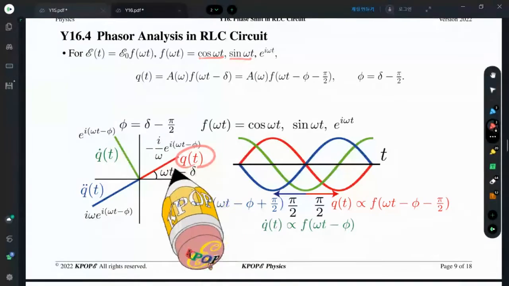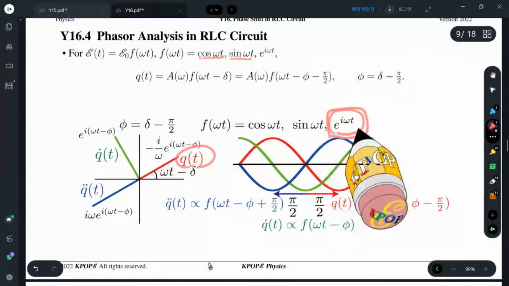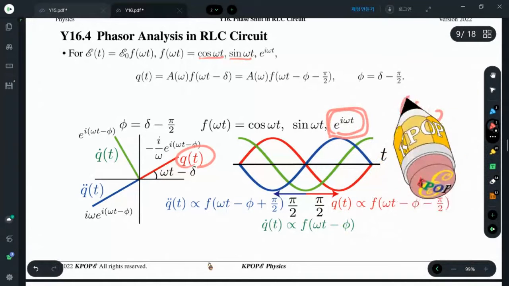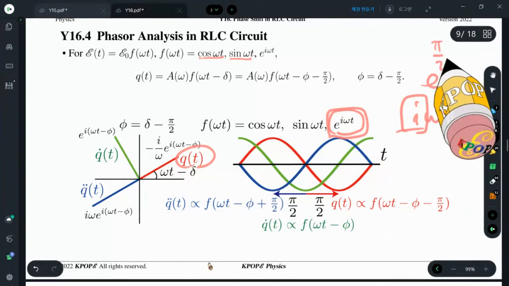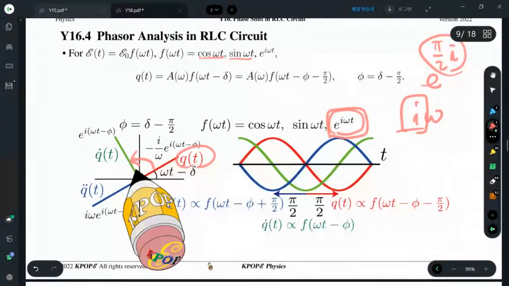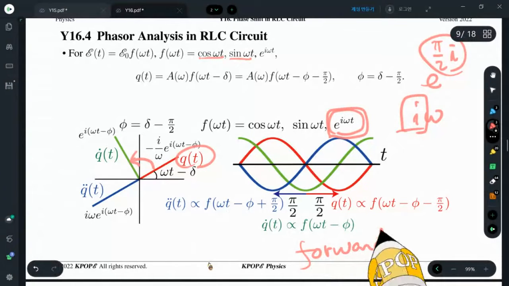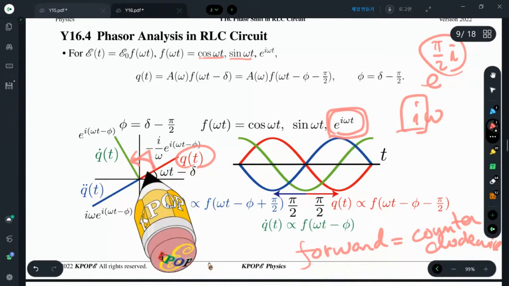In any case, take the time derivative. In the most general complex number case, time derivative will bring in i omega. So we have a phase shift. This one is half a pi i, phase shift by half a pi, forward. Forward means counterclockwise. Okay, half a pi.